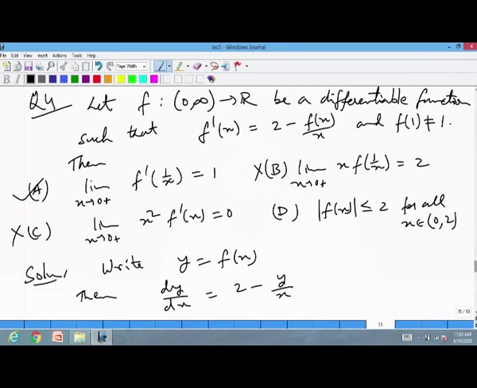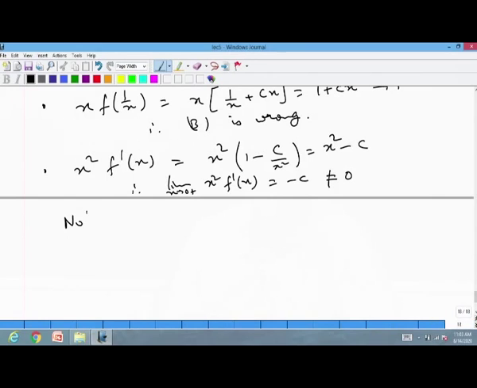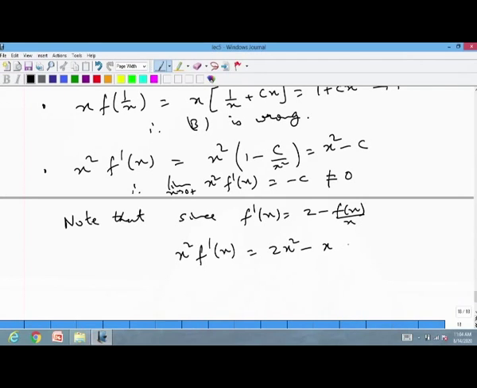So, here note that f prime x was already known to be 2 minus f x by x. So, one may try to multiply this by x square and then try to find the limit. Note that since f prime x is equal to 2 minus f x by x, x square times f prime x will be equal to 2 x square minus x times f x.